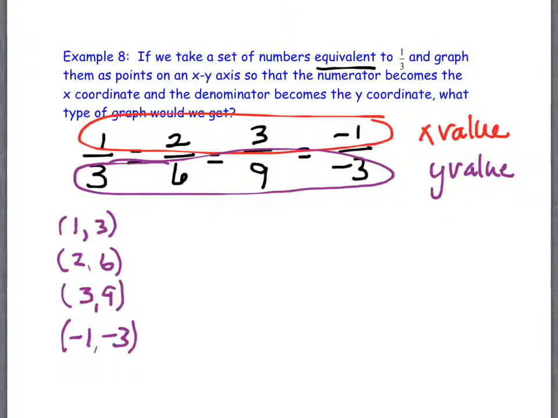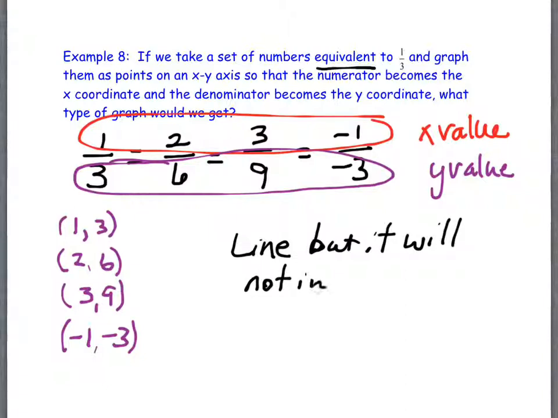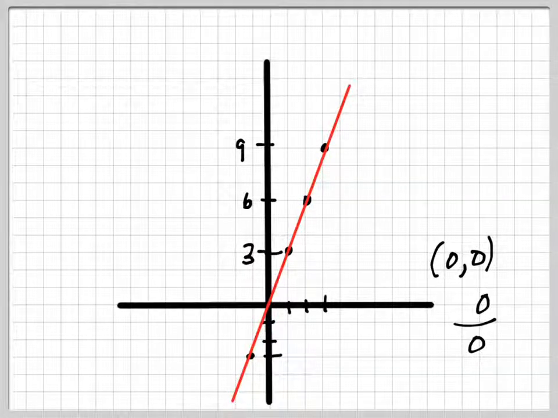All right, so our graph that we get, let me go back to the screen over here. It says, what type of graph would we get? Well, this is a line, but it will not include the origin. Another way you could say it is that there's going to be a hole in the graph at the origin.